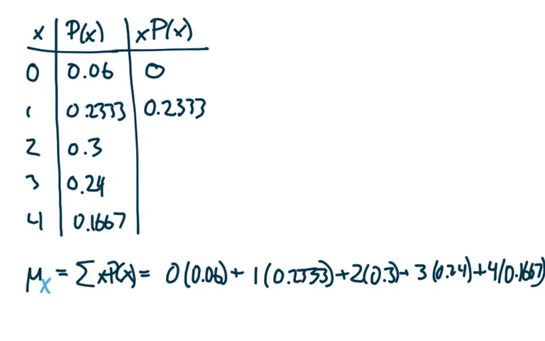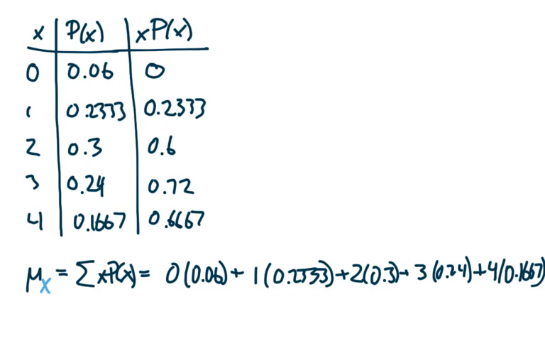So there's that. 2 times 0.3 is 0.6. That one's also easy. 3 times 0.24 is 0.72, and then the last one is the hardest. 4 times 0.1667 is, you can check it yourself, this. Now, those are the same products here. I've just written it differently.